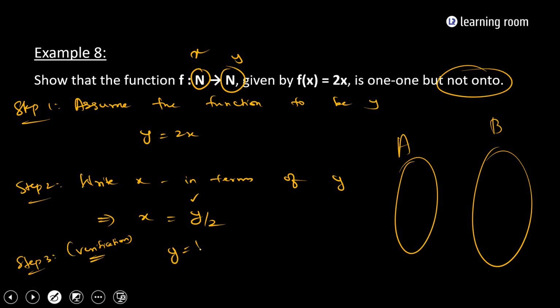You can say y is equal to 1, which belongs to the natural number set, there is no pre-image existing in the natural number set. Can I say this? Is everyone able to understand what I'm trying to say? Yes, sir. If you're able to understand this, both functions are clear in your hand.